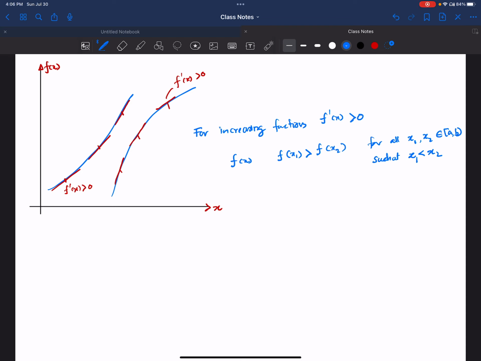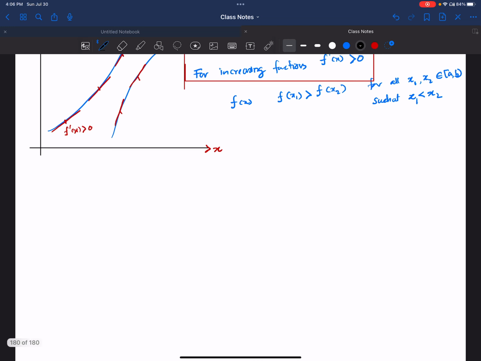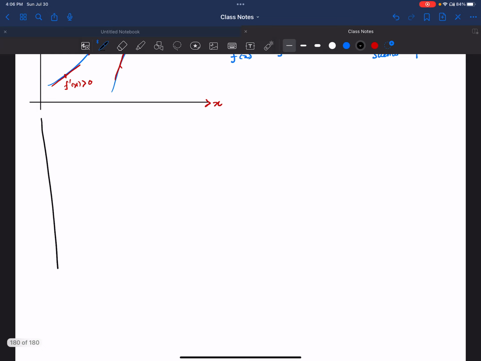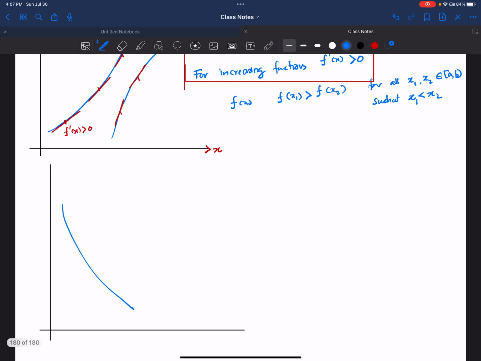And for an increasing function, if you find f prime of x for that interval, it's going to be greater than 0. Now for decreasing functions, so if you have decreasing functions, either this function or this function, right?